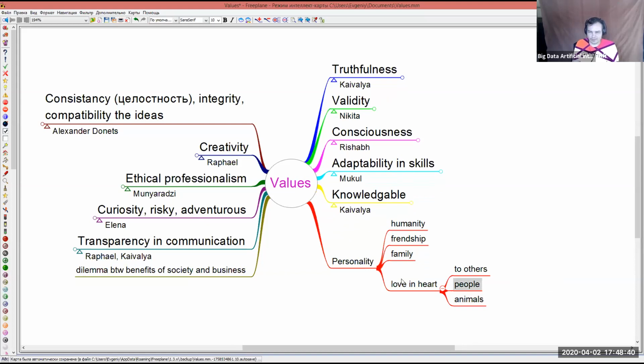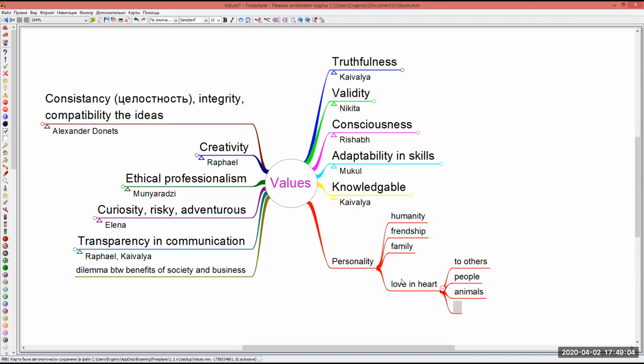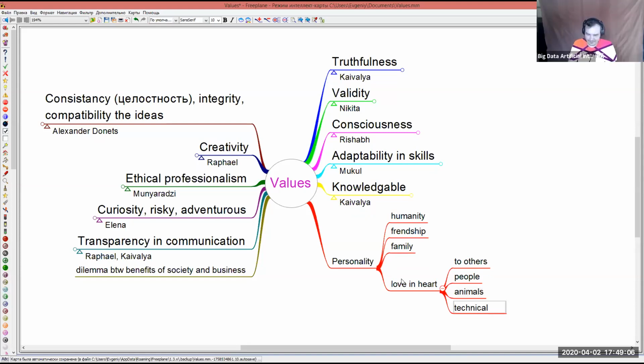What about technical systems? Kind of love to artificial intelligence? Yeah, actually we should have, because it can solve many problems of the world.